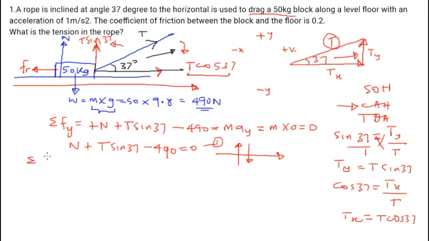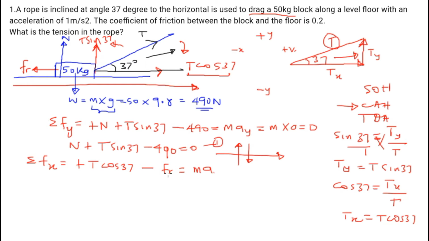Now to find the summation of the forces on the x-axis, we'll have plus T cos 37 degrees moving along the positive x-axis minus Fr, which is along the negative x-axis, is equal to ma, where a is the acceleration of the block. We can name it ax, or we can leave it as a, where m is the mass of the object.